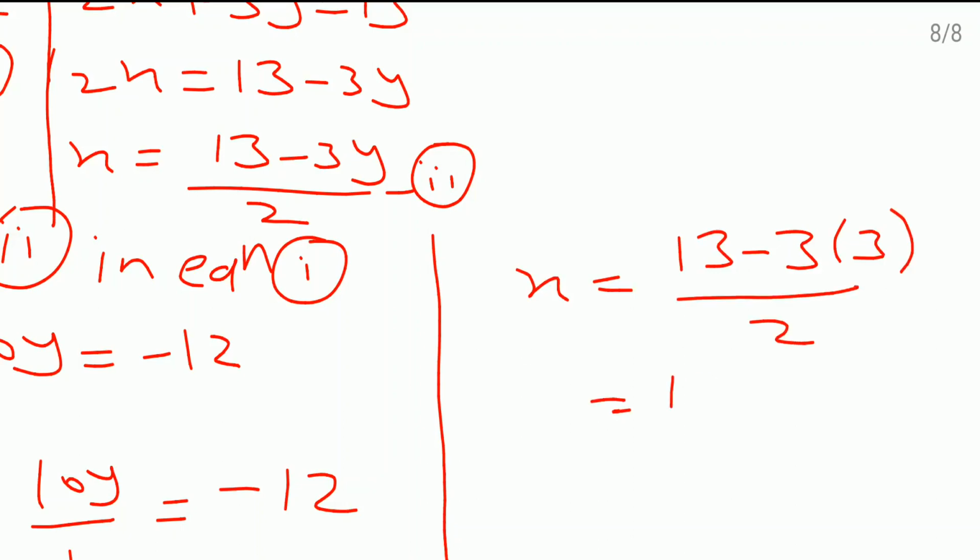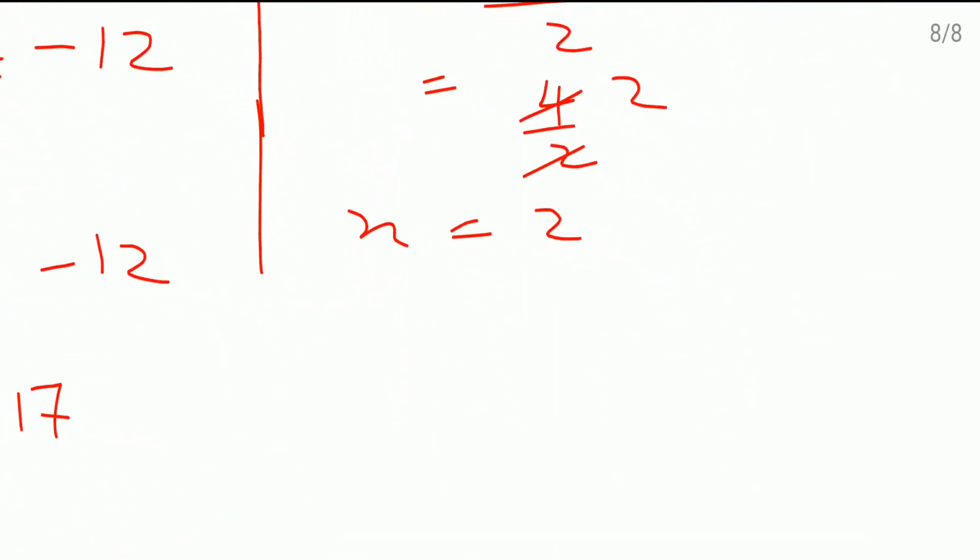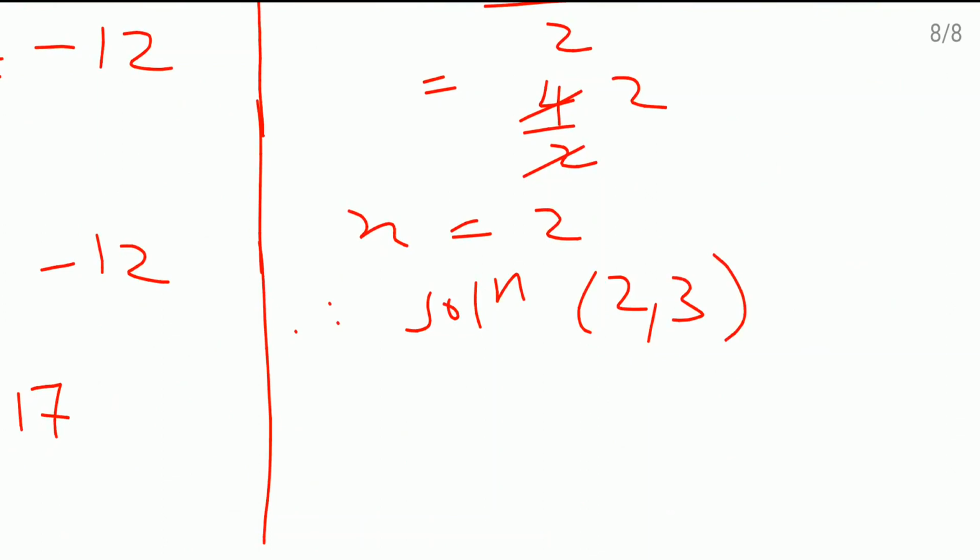So here 13 minus 9 by 2, so it comes as 4 by 2. 4 by 2, 2 ones are 2, 2 twos are 4, I got 2, x equal to 2. So finally what you write down? Therefore the solution which is equal to 2, 3.